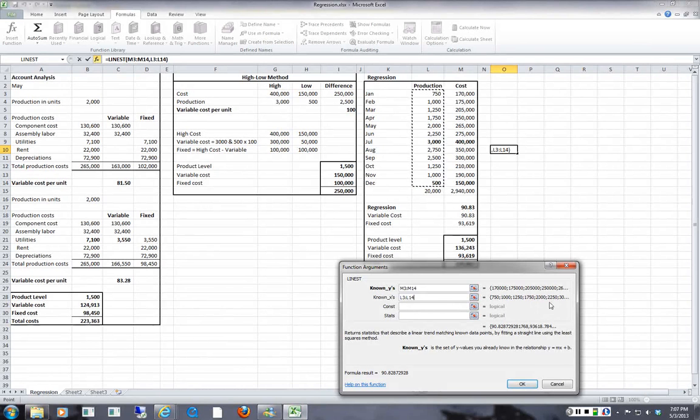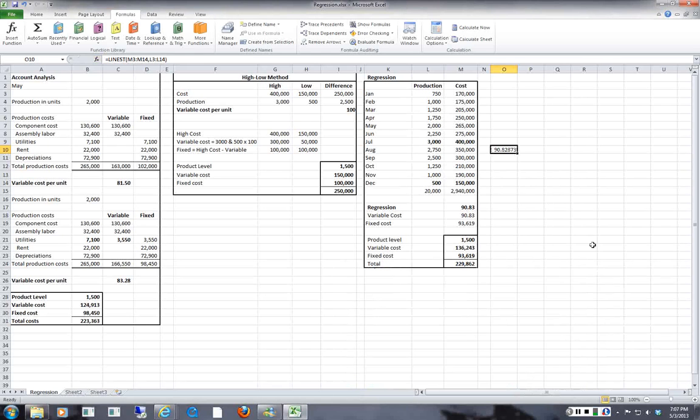Then if you look over, there's a comma, and you come over there and you can see that the fixed cost is $93,619. So using this method, we come up with $90.83 variable and $93,619 fixed using the regression analysis. And this is quite accurate.